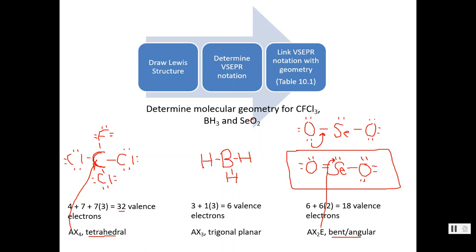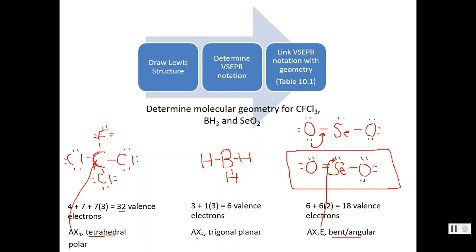So for CFCl3, I do have an AX4 VSEPR notation, but is X the same atom? X is not the same atom. I have 3 chlorines and 1 fluorine. So there's actually going to be slightly more electron density by the fluorine because it's more electronegative than the chlorine. So since X is not the same atom in this molecule, CFCl3 is a polar molecule.